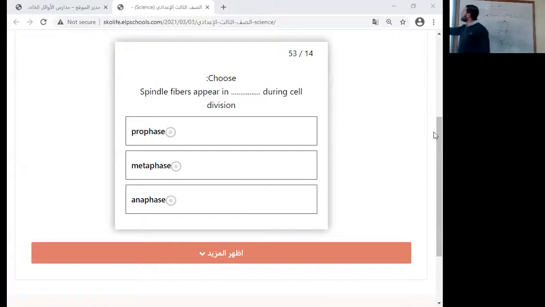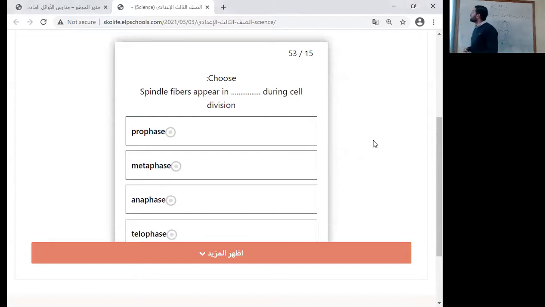Let's return back. So they appear in the prophase stage. The first one. The spindle fibers appear in space during cell division, appears in prophase.